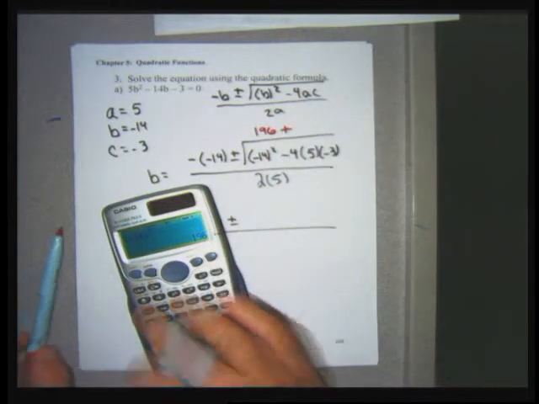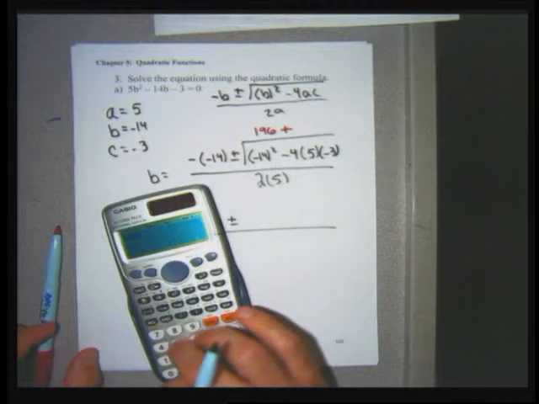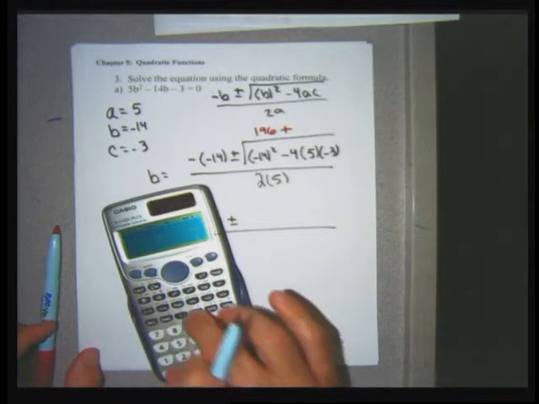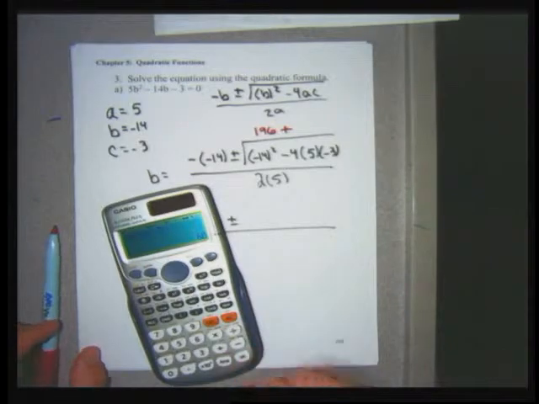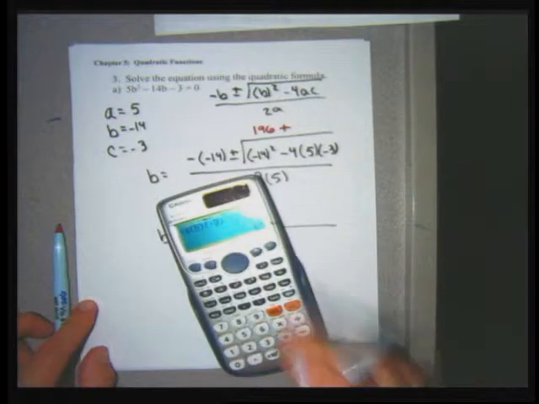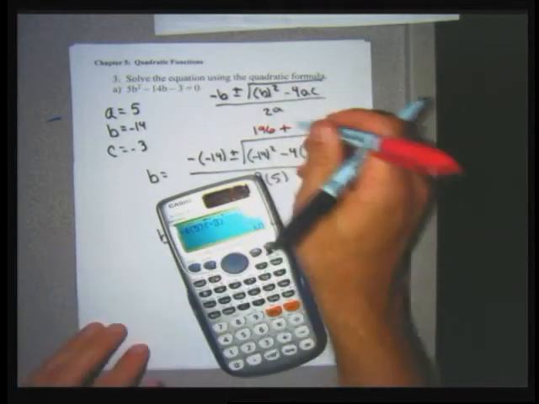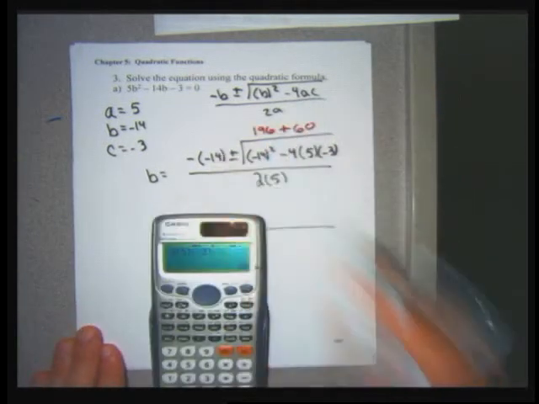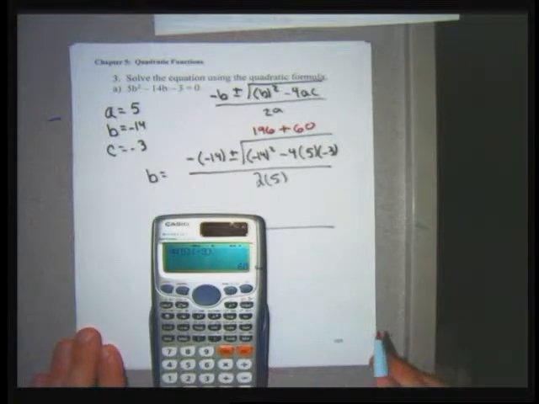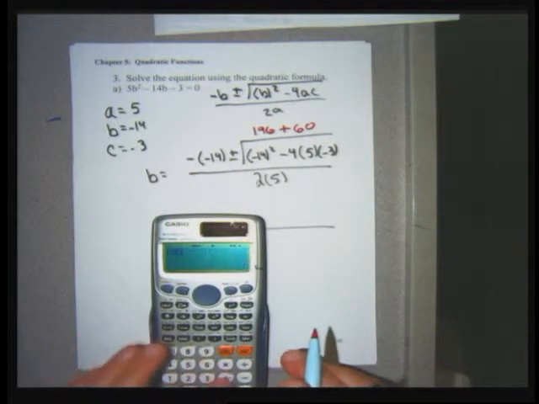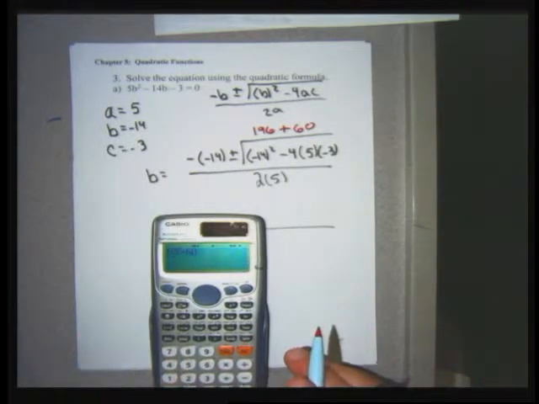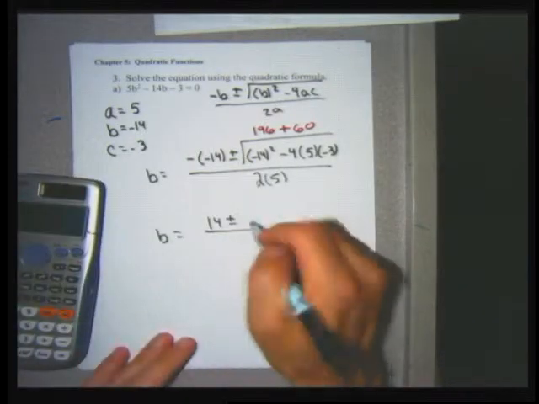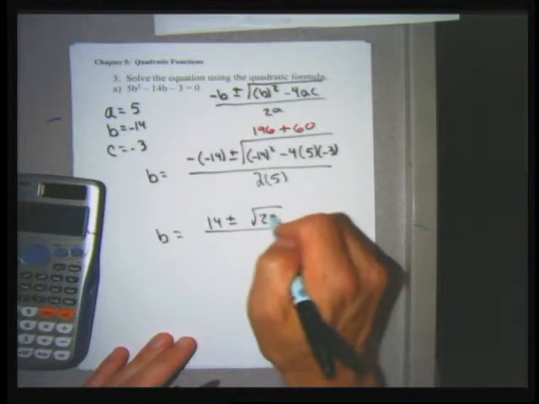I'm going to do minus 4 times 5 times minus 3, and I get a positive 60 for the other part of what's under the radical. So under the radical, 196 plus 60, which is going to be 256. So on my next step, under the radical, I'm going to write a 256.